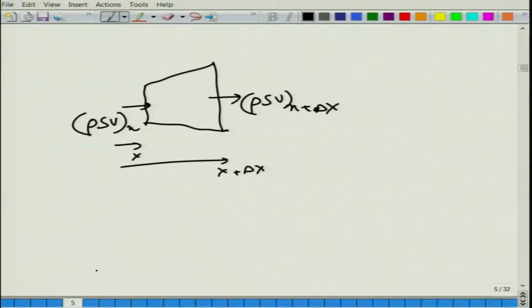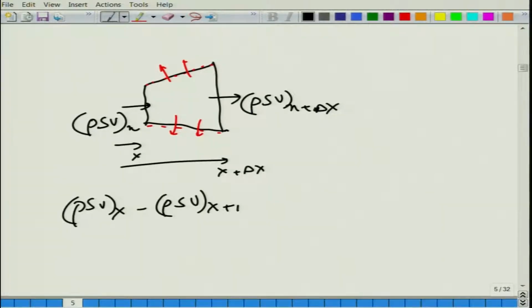Now, what is the total mass that is entering into the system? And of course, note that due to the perforated pipe here, all across the curved surface, some mass flux goes outside, and there is a gradual exchange. So, rho S u at x minus rho S u at x plus delta x minus S c, where S c is the curvilinear surface area, into rho u star.